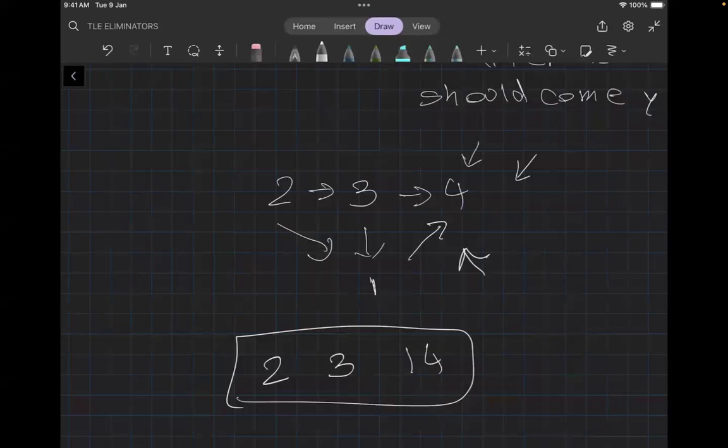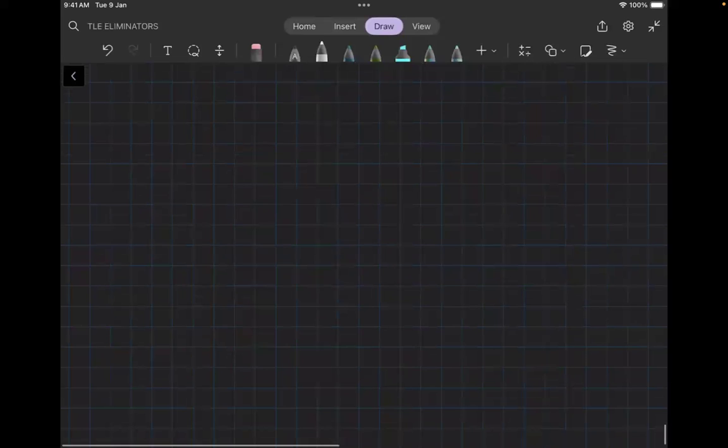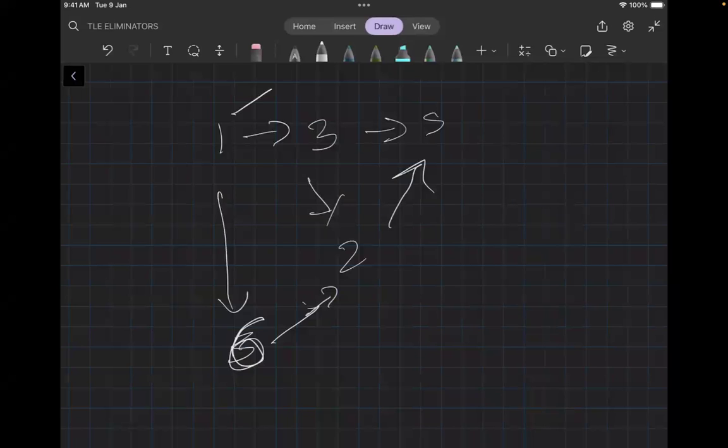That is what topological ordering says. Now, I will tell you. If I create any graph, 1, 3, 5, 2, 4, 5, let's say 6. Now, I should also have 4, right?